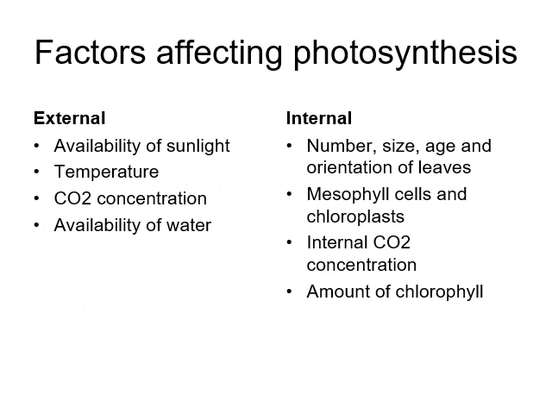There are many factors affecting photosynthesis. These can be divided into categories: external and internal. External factors include availability of sunlight, temperature, CO2 concentration, and availability of water. And internal factors include number, size, age, and orientation of leaf, mesophyll cells and chloroplasts, internal CO2 concentration, and amount of chlorophyll.